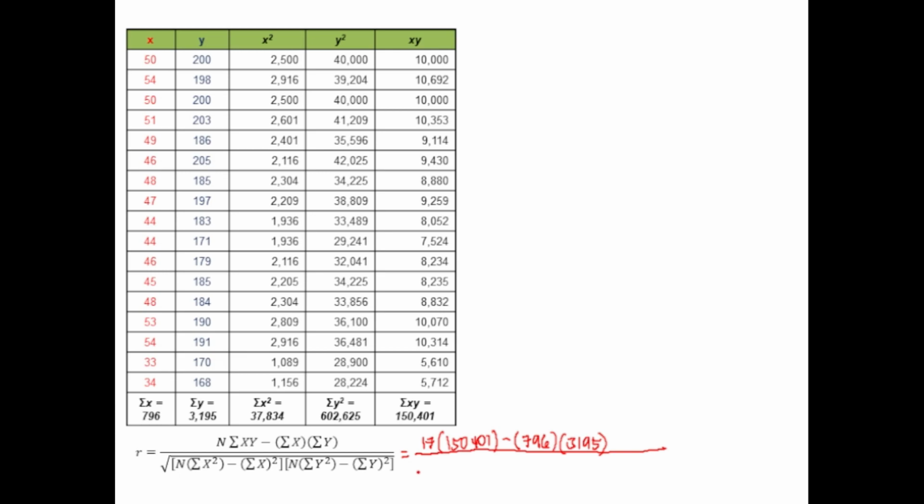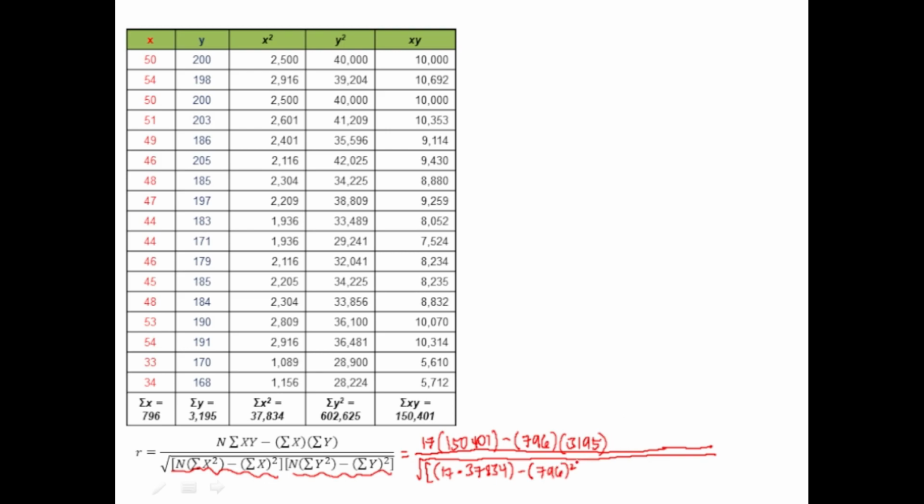Okay, all over square root of, so ito ay i-multiply yung dalawa, no? Multiply ito, multiply din ito. So ito ay 17 times yung summation ng x square is 37,834. Okay, minus yung square ng summation of x. So ito ay 796 square.